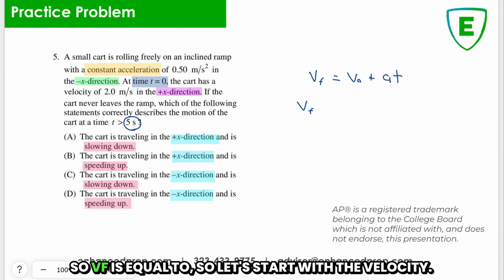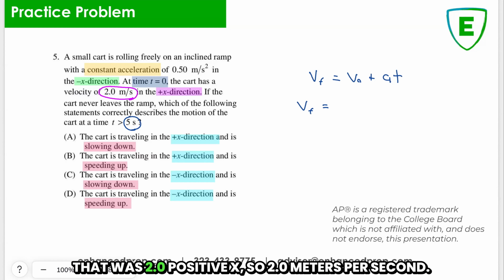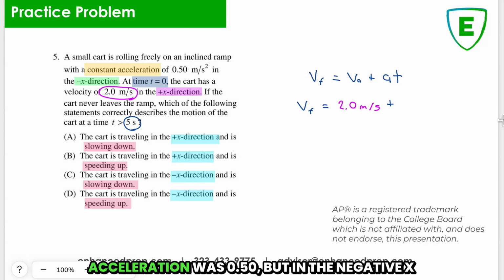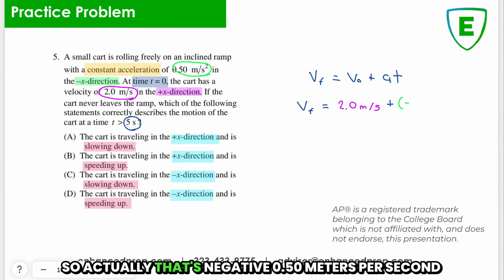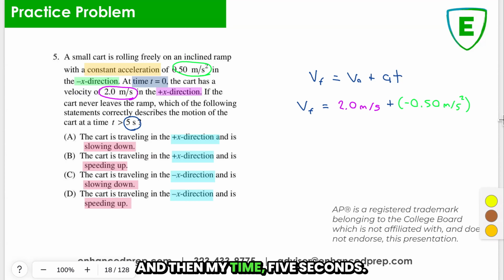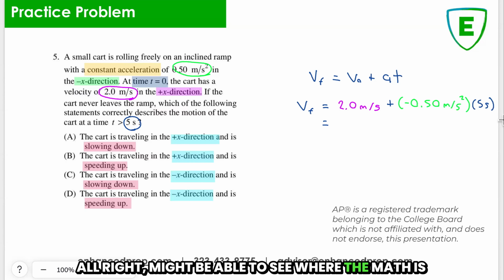So VF is equal to, let's start with the velocity. That was 2.0 positive x, so 2.0 meters per second. Acceleration was 0.50, but in the negative x direction, so actually that's negative 0.50 meters per second squared. And then my time, 5 seconds. All right, you might be able to see where the math is going.